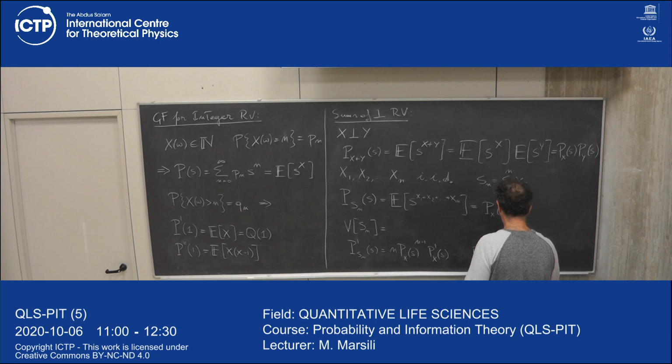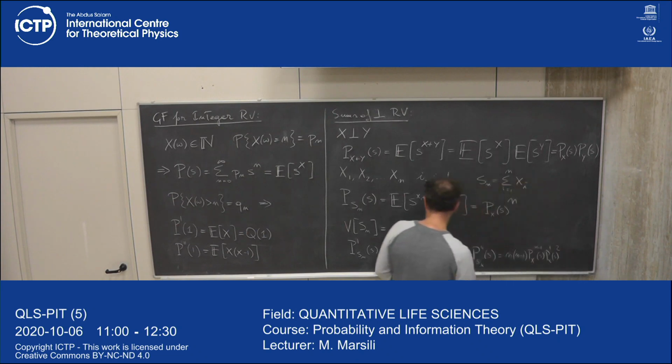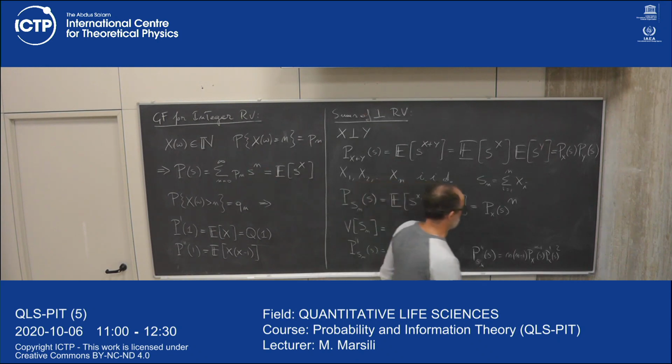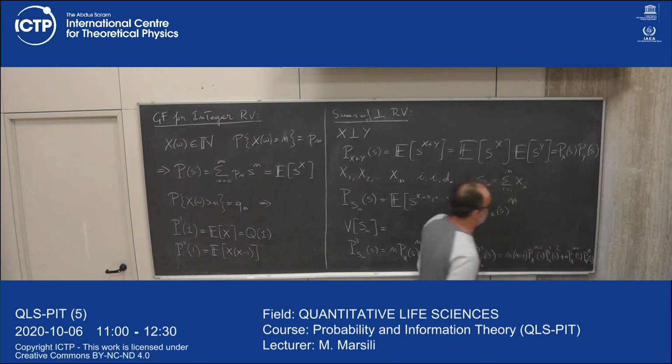You will have n times n minus 1 times the generating function of x to the n minus 2 in s times the first derivative of the generating function of x squared, because when you take twice the derivative here, you get two first derivatives. And then you have the derivative here, plus n times the generating function of x to the n minus 1 of s times the second derivative of the generating function of x.